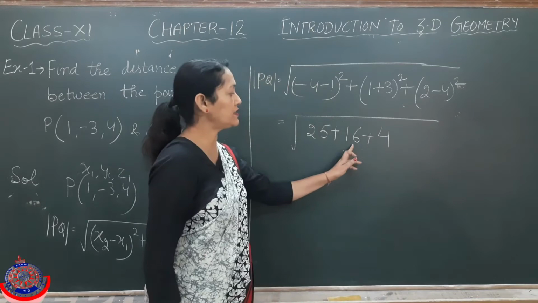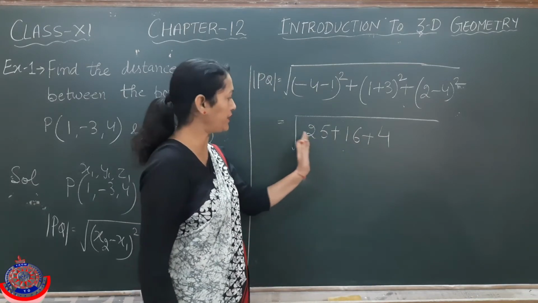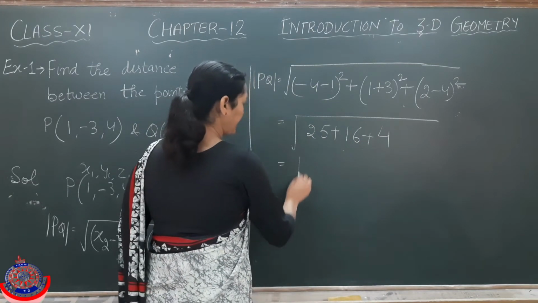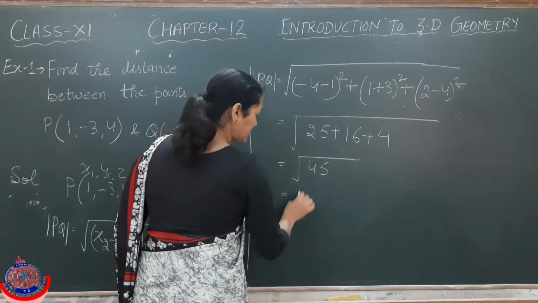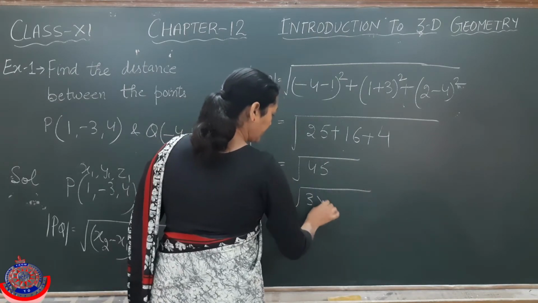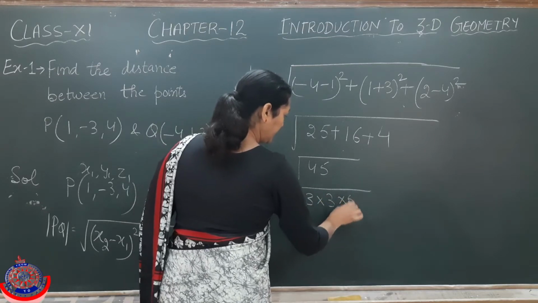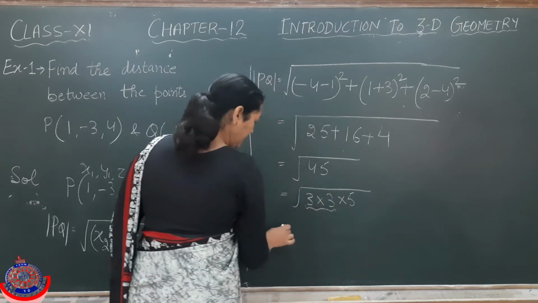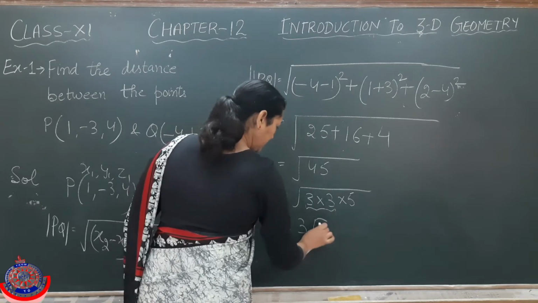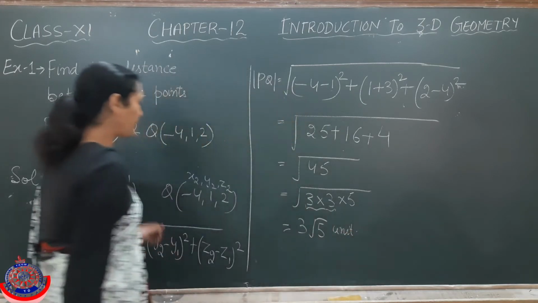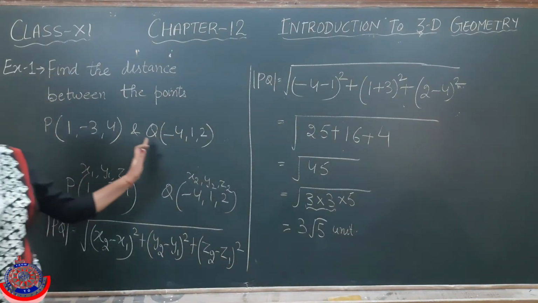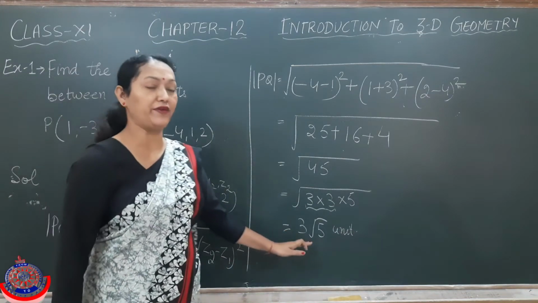Adding all these, 16 plus 4, 20, 20 and 25 will be 45. And if we factorize 45, this will be 3 into 3 into 5. So 3 will come outside. So distance between the two given points P and Q is 3 root 5 unit.